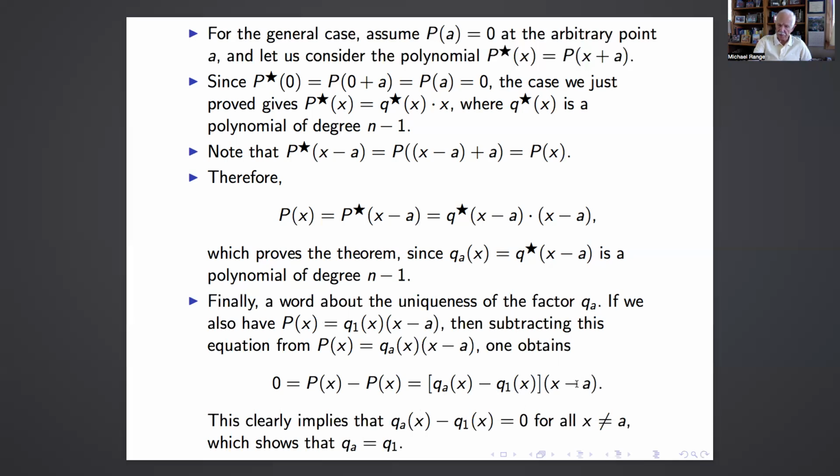Well, when x is different from a, then this part here has to be 0. So this polynomial here has to be 0 for all x different from a, which shows that this is a 0 polynomial, so q sub a is equal to q sub 1.